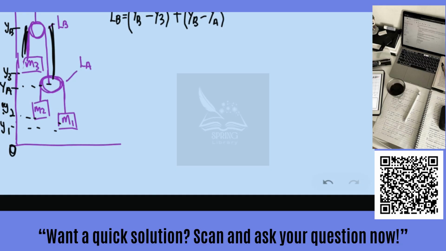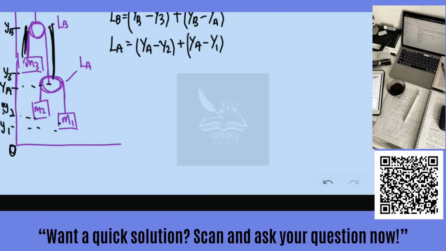Same thing we're going to do for the other pulley, LA. Length of the rope, LA, is equal to YA minus Y2 plus YA minus Y1.